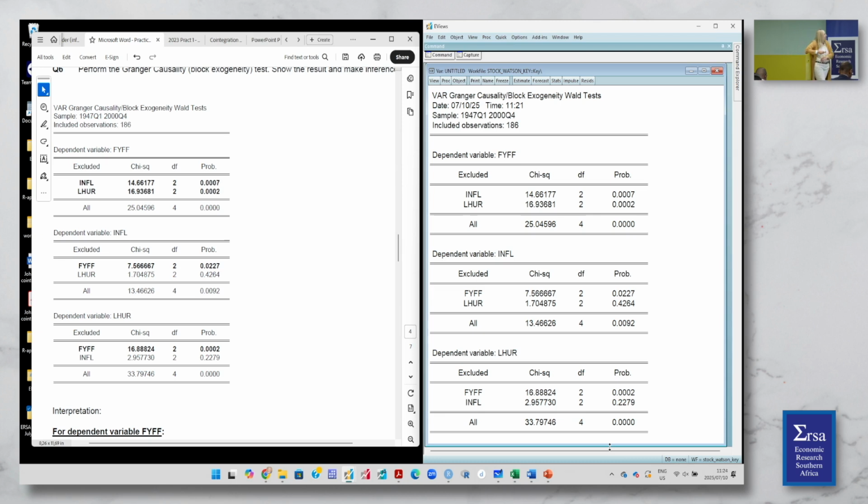Also, the fact that we see a rejection here, in other words, a change in the unemployment rate will result in a change in the federal funds rate. And for inflation, federal funds will affect inflation, but unemployment will not affect inflation, which makes sense. If people are not working, I don't see a link to higher inflation. And then here, the federal funds rate will affect unemployment, hopefully in the right way.